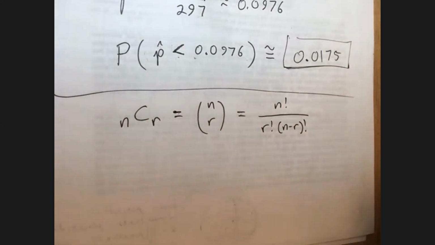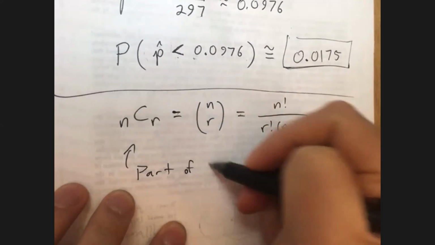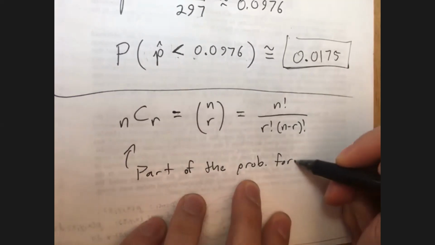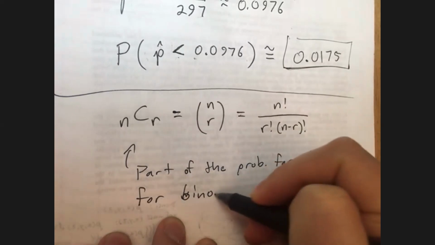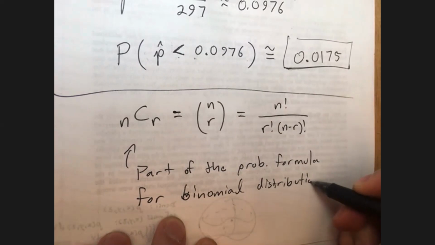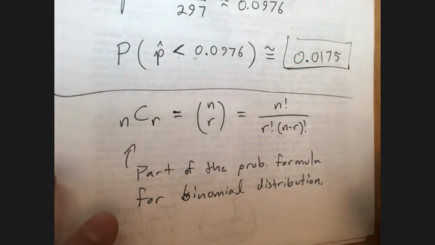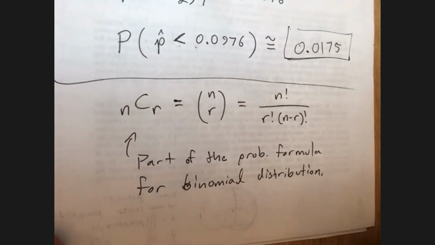That is part of the probability formula for the binomial distribution. But we're not using the binomial distribution in this section. We're using the normal distribution, because the central limit theorem tells us that the normal distribution works. So this is not relevant to this section. That was chapter 4 stuff.